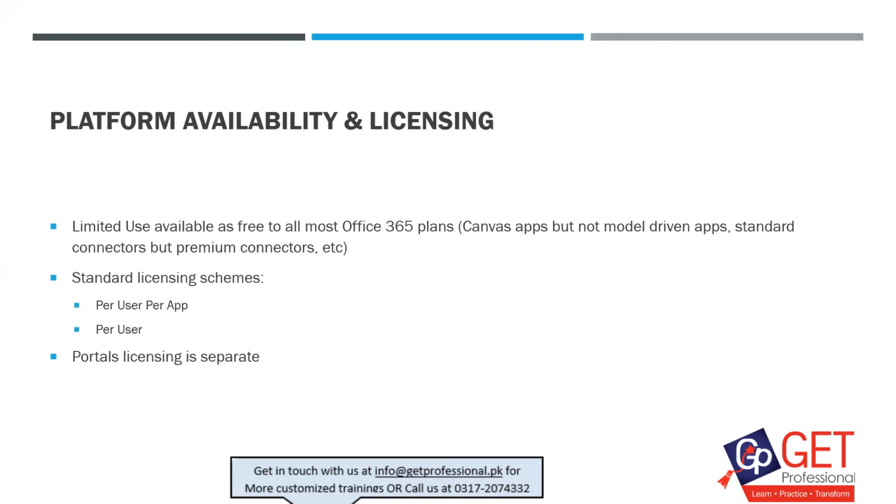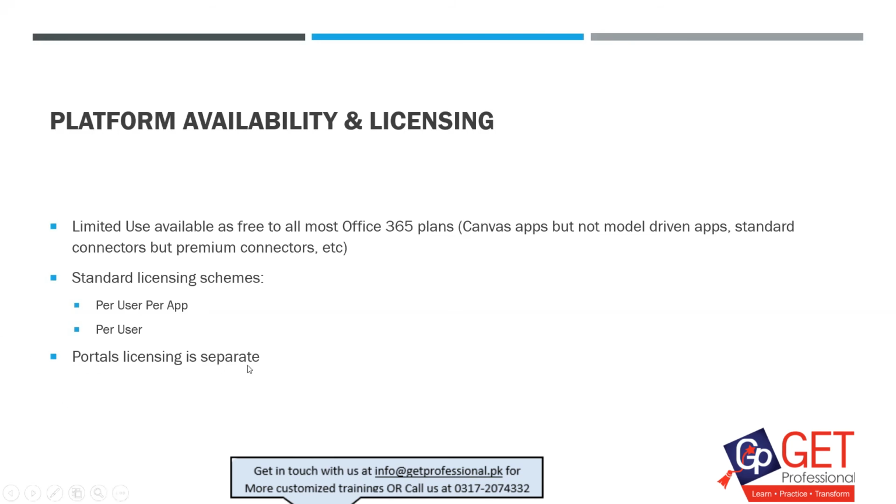Per user per app means you want to use just one app, and there are 15 users for that app, so every user will need to pay, I don't remember, it's $5 or $8 per user per month. Whereas if there are more than one apps and you want to use an unlimited number of apps, then you move to per user licensing, which is about I think $15-$20 per user per month, where you can run as many apps as you want. Okay.